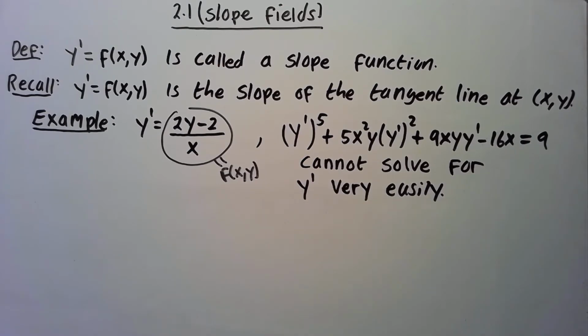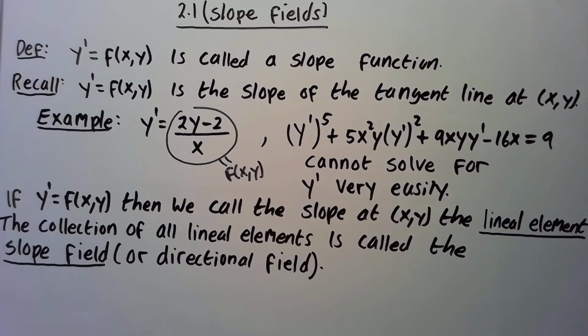Okay, so next thing. If y prime is a slope function, then we call the slope at x, y the lineal element. Moreover, the collection of all lineal elements is called the slope field or directional field.